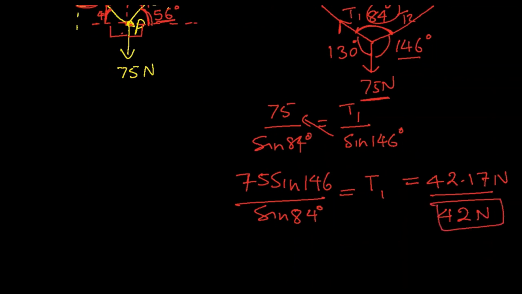Let's do tension 2 and we'll write the same way. 75 divided by sine 84 equal to T2 this time, and the angle is 130 degrees.